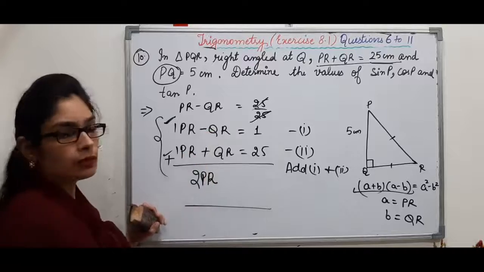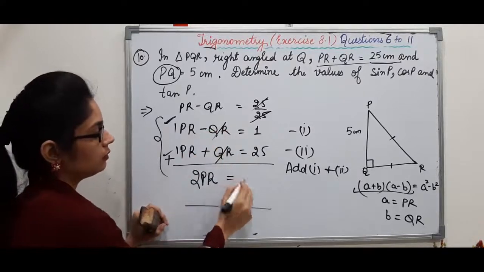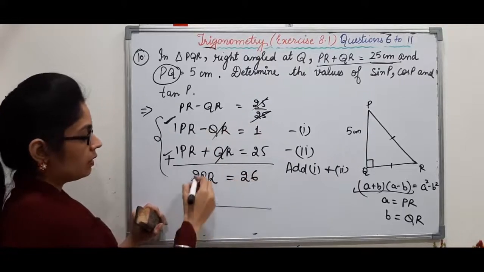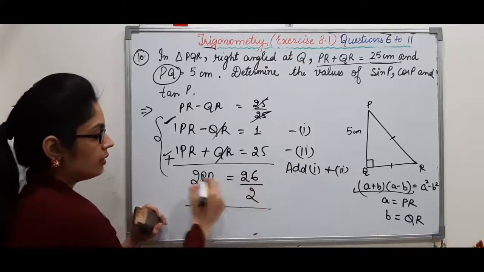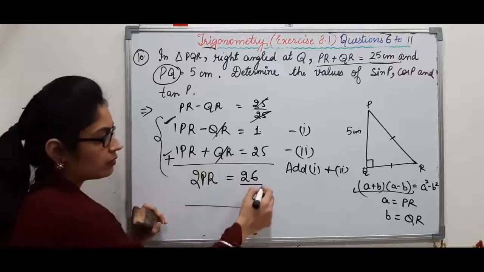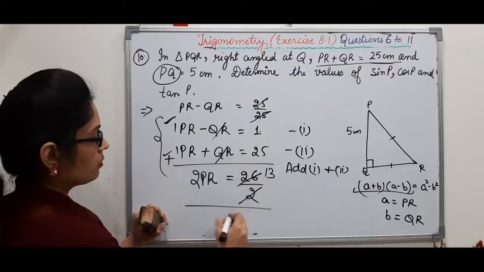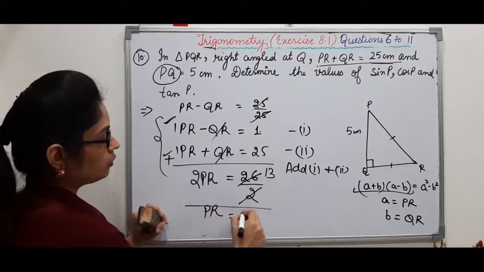Minus QR plus QR, both will get cancelled. 1 plus 25 is 26. Now this 2 will shift to the other side. Here it's getting multiplied, on changing the side it will get divided. So 2 into 13 is 26, and I got PR equals 13.